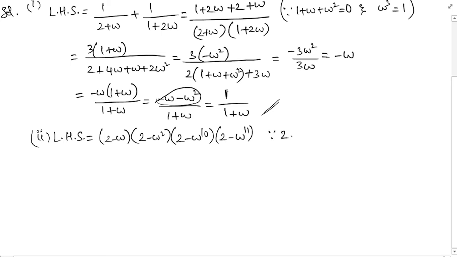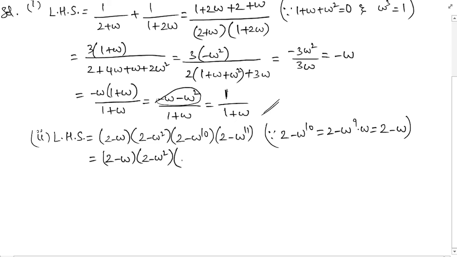Since (2 minus omega) power 10 is equal to ((2 minus omega) power 9) into (2 minus omega), here (2 minus omega) into (2 minus omega square).